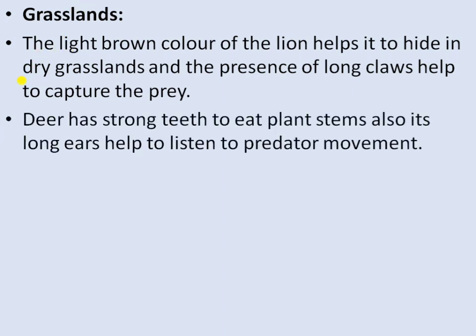Next, deer have strong teeth to eat the plant stems. Also, their long ears help to listen to predator movement. Here the predators, the lions, are found in the forest and in the grassland. Predators are those animals that hunt and kill other animals for food.